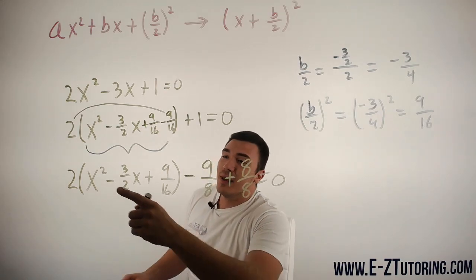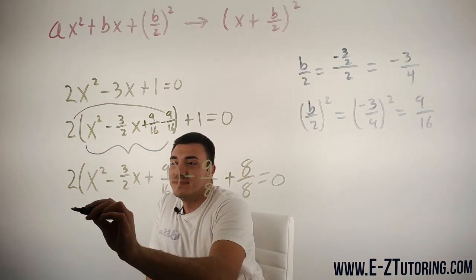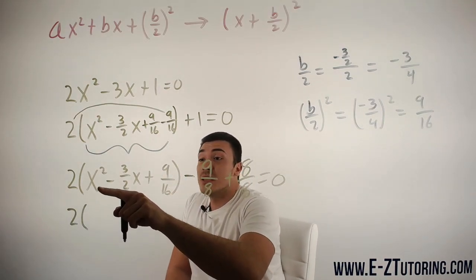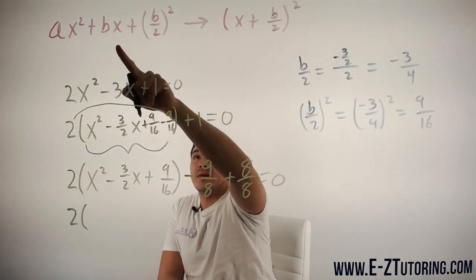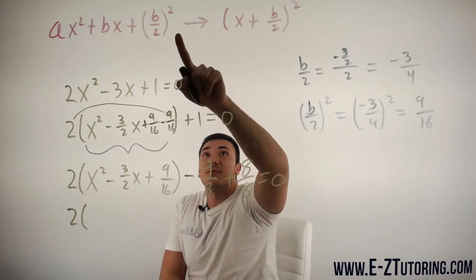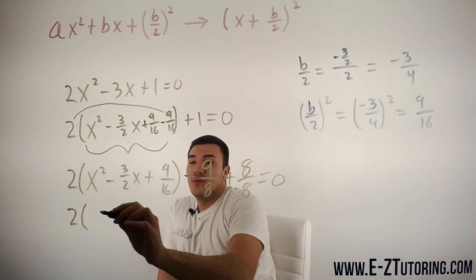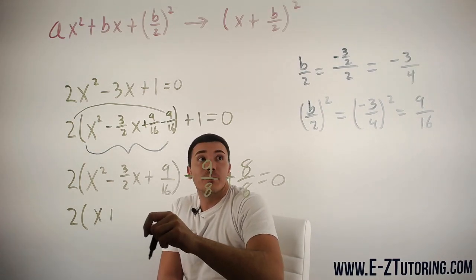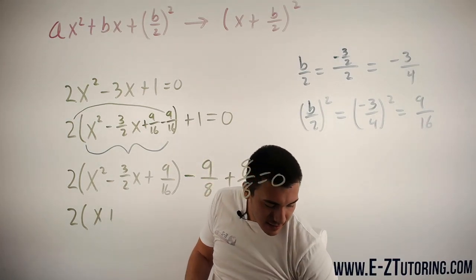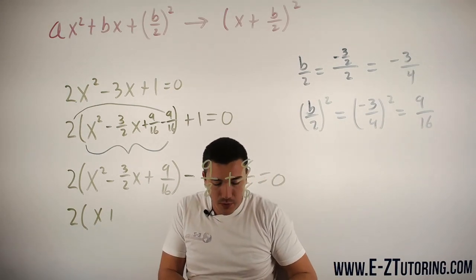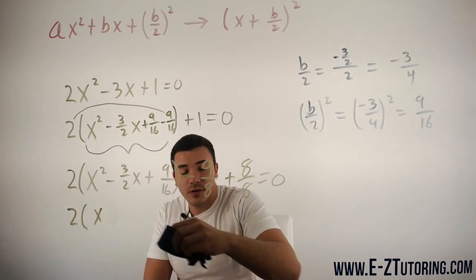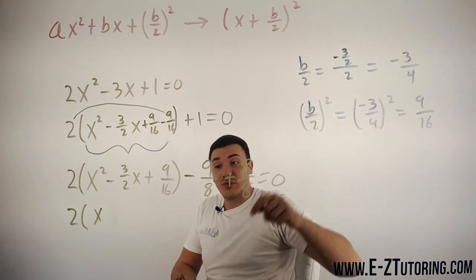So now we can complete the square over here. This follows the form of x squared plus bx plus b over 2 squared, so we simply convert it to this, which is x plus b over 2, and b over 2, we know, we found it earlier, is negative 3 over 4.